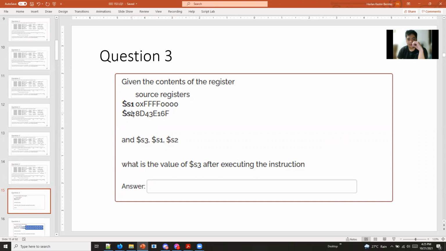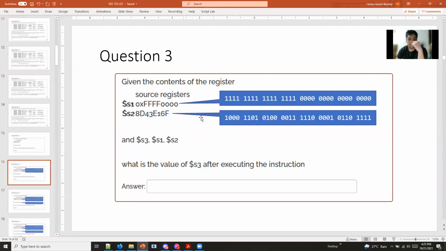So basically, end ko si S1 and si S2 and i-save ko yung result kay S3. Sa mga sanay sa binary at sa bit masking, alam nyo na dapat yung sagot. Pero ang longer way of doing it is convert natin pareho to binary kasi bitwise operation to, so we need to see the bits.